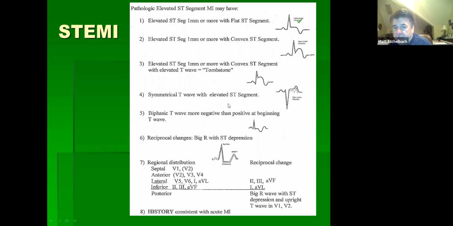Symmetrical T wave with an elevated ST segment, biphasic T waves, reciprocal changes with a big R distribution, like in a posterior MI, and we'll talk about those, and then the regional distribution. What's also very, very important is a history consistent with MI: somebody who has classic chest pain or atypical chest pain with high risk factors.